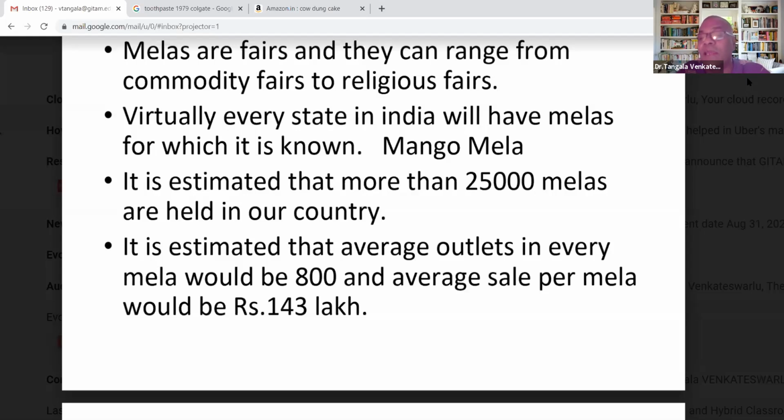Once the mela gets closed, if they have paid GST for 50 crore sale, and if they actually do a sale of 35 crores, the rest 15 crore GST is refunded back. So they are collecting advance GST from the outlets which are organizing melas. They get this GST collected through the organizers.